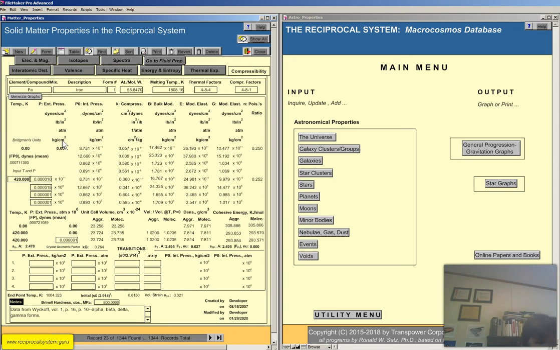It's a little strange unit, but he did a lot of work in compressibility, so that's why we have them here. You put in one of these values here, and the others will all calculate. Okay, so right now this is 1 atmosphere. Just notice the factors here. So this is 1 atmosphere.